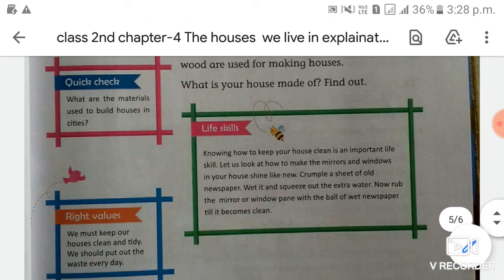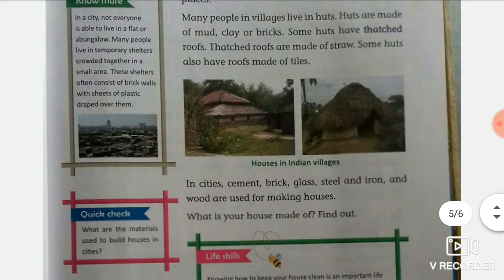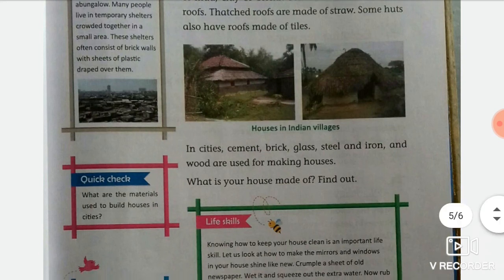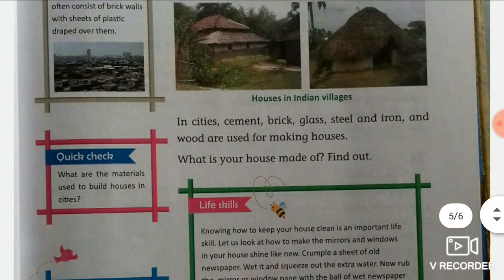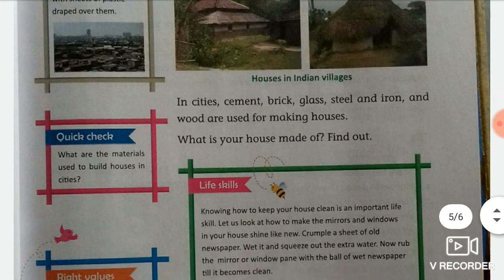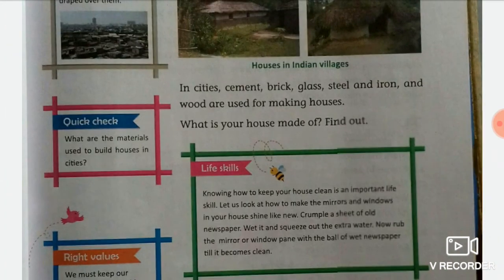Okay, so as we saw in this chapter, we learned that in cities mostly houses are built with cement, bricks, steel, iron rods, etc. These houses are called pakka houses. So in the cities mostly the houses are pakka houses. Okay, so you have to just find out what materials are used to build a house in cities.